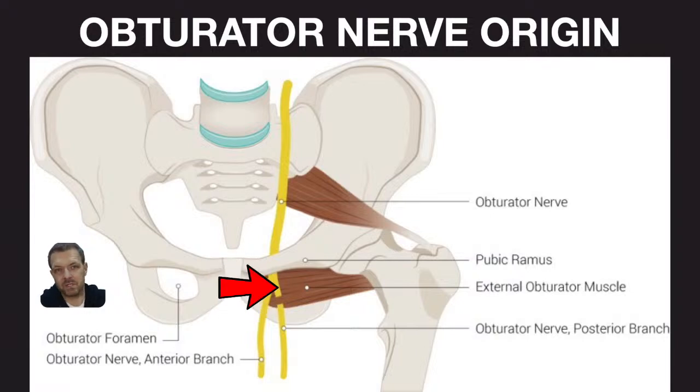Okay, and the obturator nerve splits into two. So again, we covered that a couple of weeks ago, but we'll go over it again. Where it splits into two, sometimes it will pass through the external obturator muscle, obturator externus, and you can get some irritation of the obturator nerve because of that relationship.